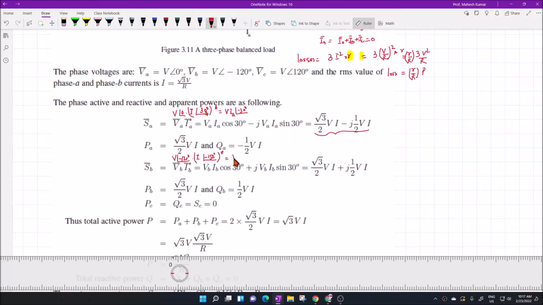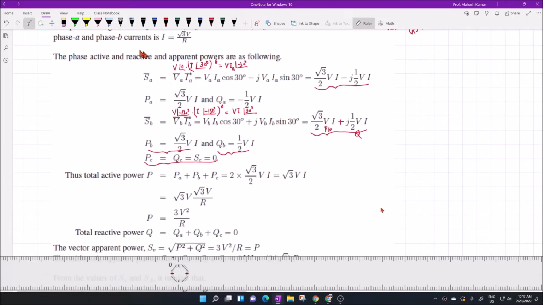So that becomes VI at angle of 30 degrees. Now this time the angle is positive, and therefore we have a positive sign here. You can see, root 3 VI by 2 is the P, actually, and this is Q. Q is VI by 2. So you can see this is the Q and this is the P. In the third phase, since current is 0, PC and QC and SC will be 0.